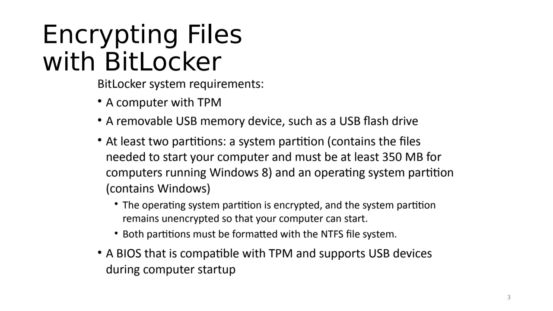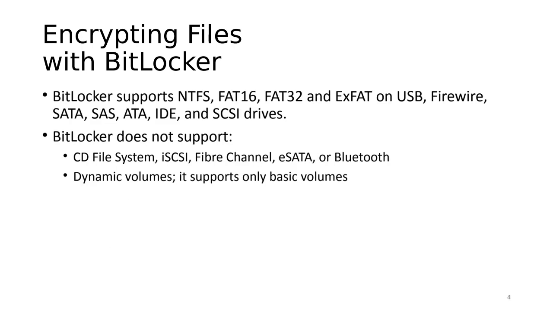The operating system partition is encrypted and the system partition remains unencrypted. Both partitions must be formatted with NTFS. Also, you will need a BIOS compatible with TPM that supports USB devices during startup.